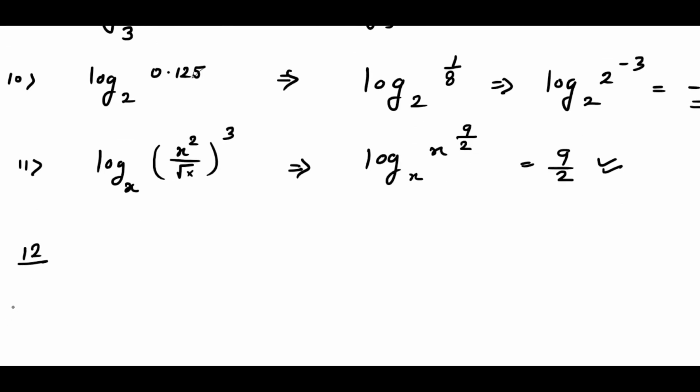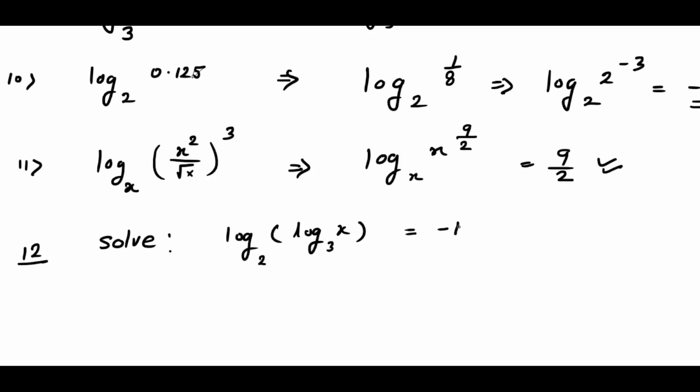Now the next question I have to solve. The question is solve, and here I have log, and inside log we have again log x to the base 3, and here we have the whole base 2 is given, equals minus 1.